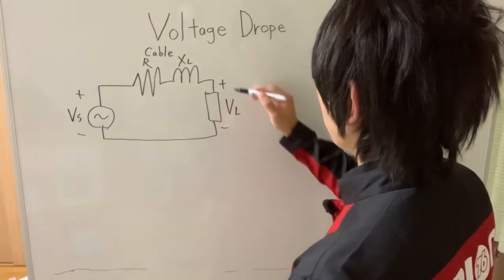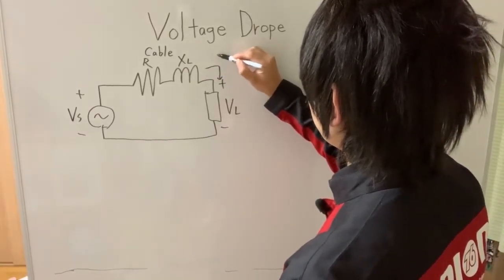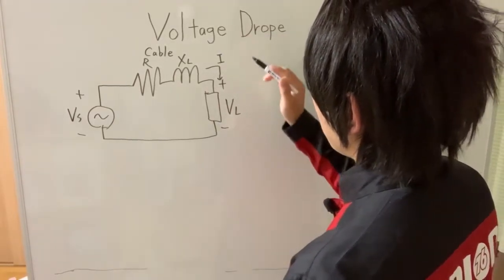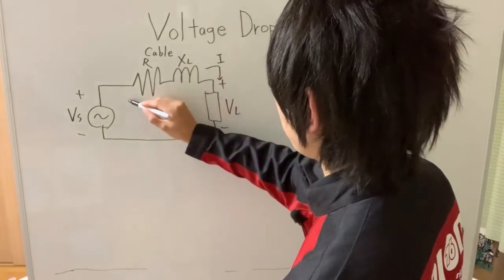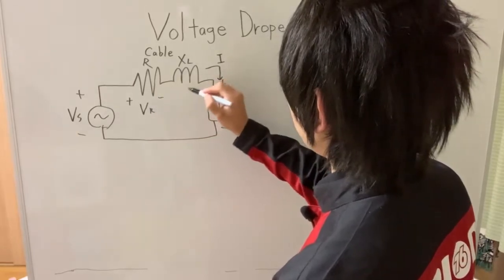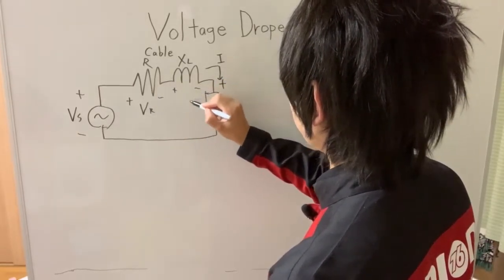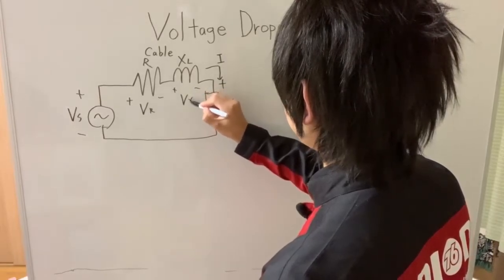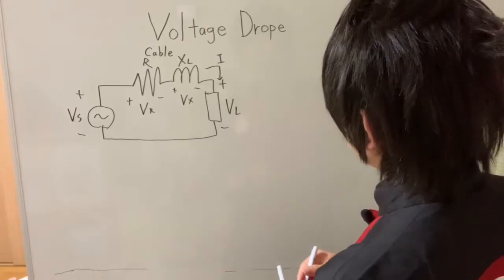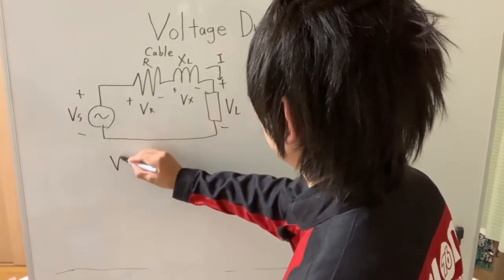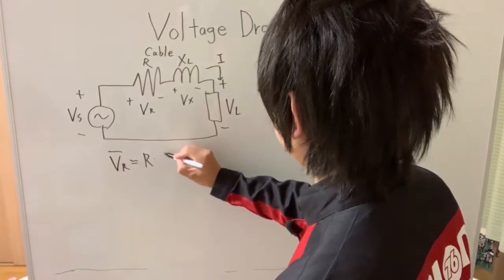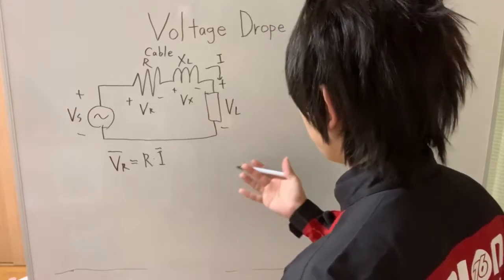As soon as we apply the voltage to the load, there is a current I, another phasor, flowing through the circuit, and this current will produce the voltage drop VR, and the reactive part of the cable voltage drop, VX. VR is R times I from Ohm's law.